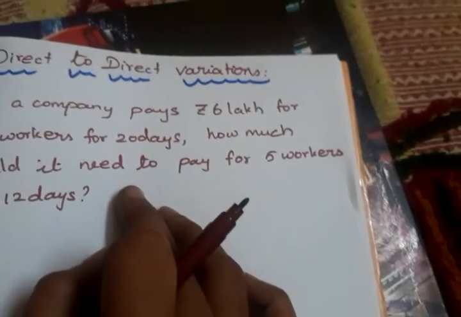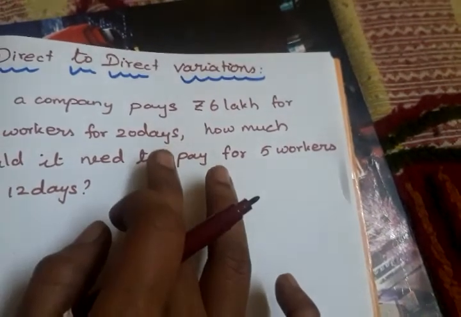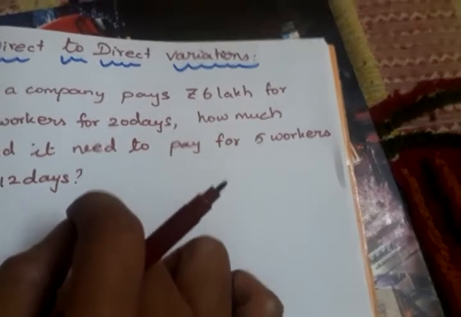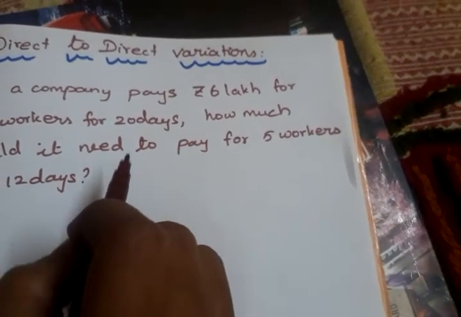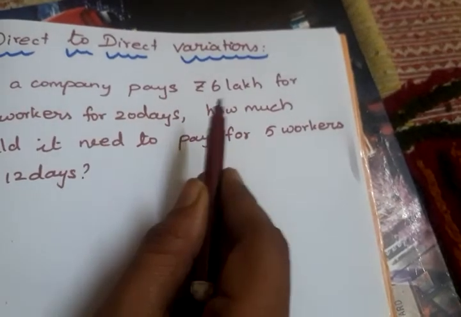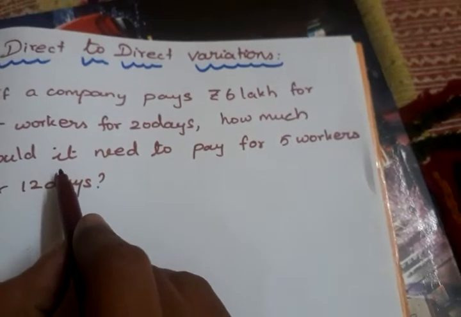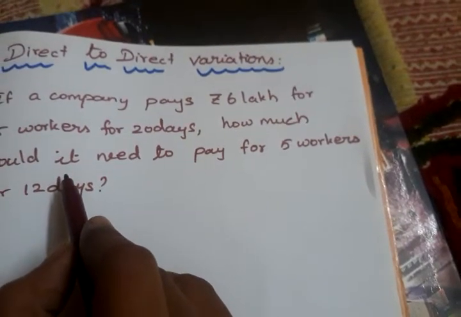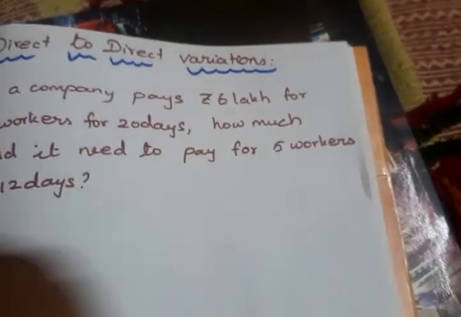That is called a direct proportion. So direct proportion: if x and y vary directly, y is equal to kx always, where k is called a proportionality constant and k is greater than 0.